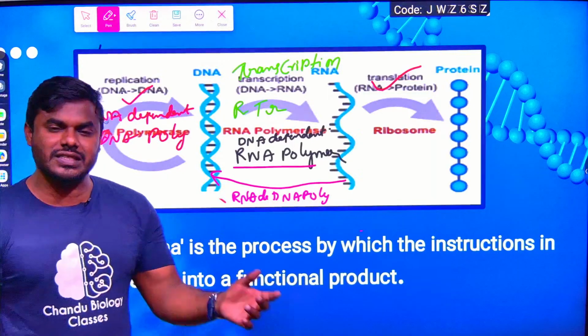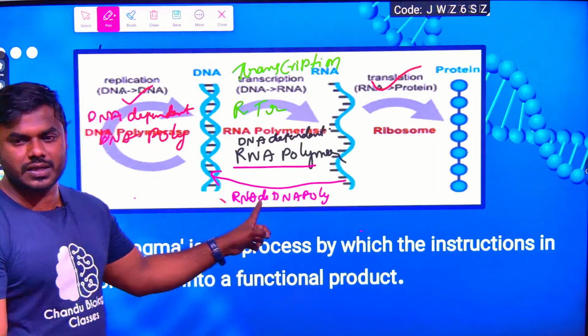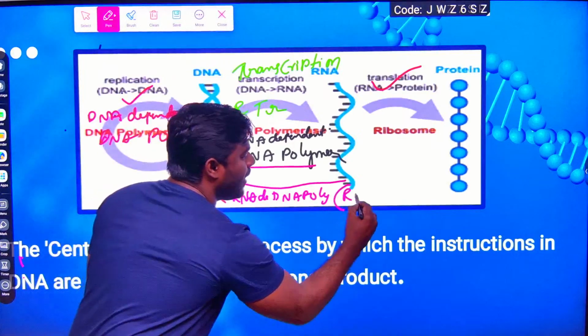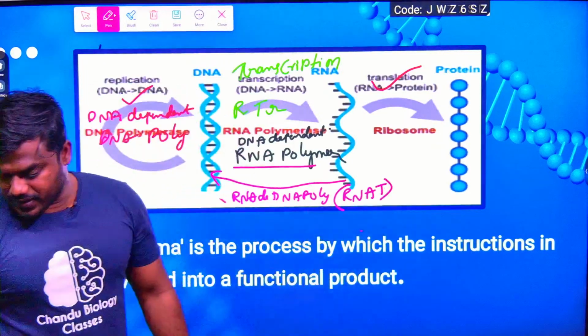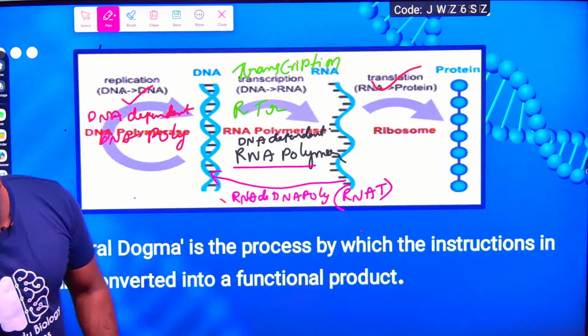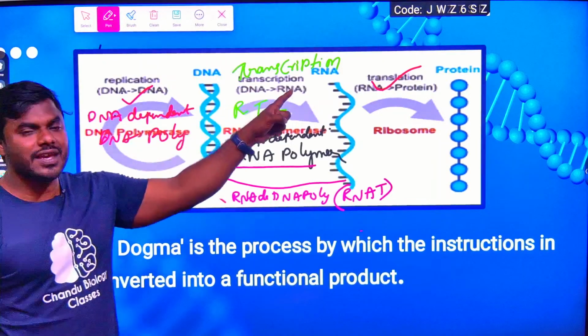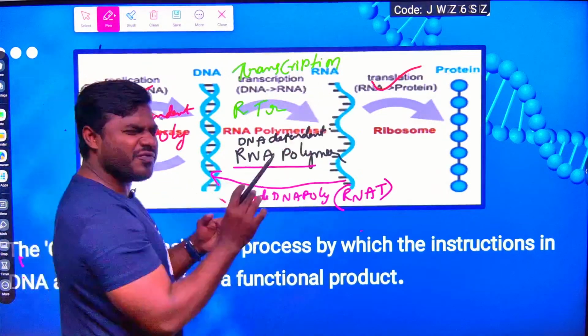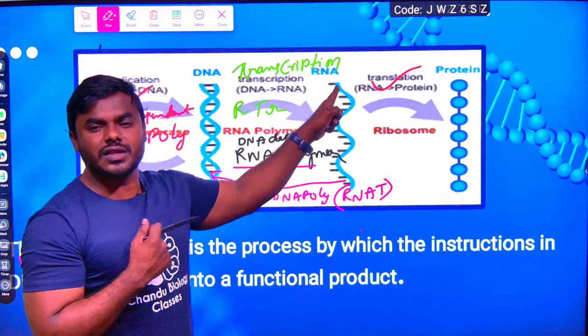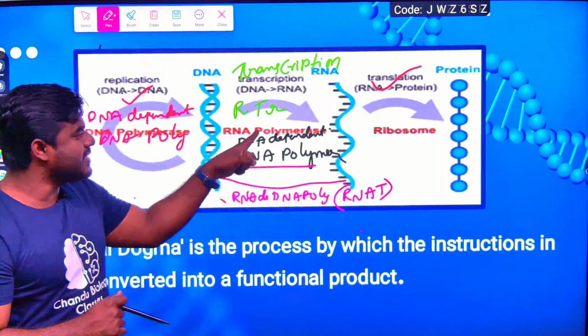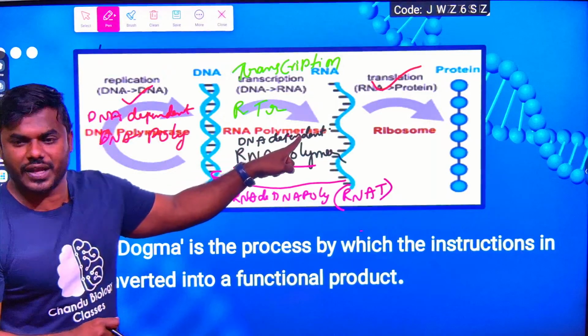No one will ask just reverse transcriptase. Okay, you have to remember this: RNA dependent DNA polymerase. Correct na? No point of confusion. Every one of you understands the point very correctly. The enzyme which is involved in the synthesis of, very simple to understand. I am synthesizing RNA. So undoubtedly the enzyme required is RNA polymerase.